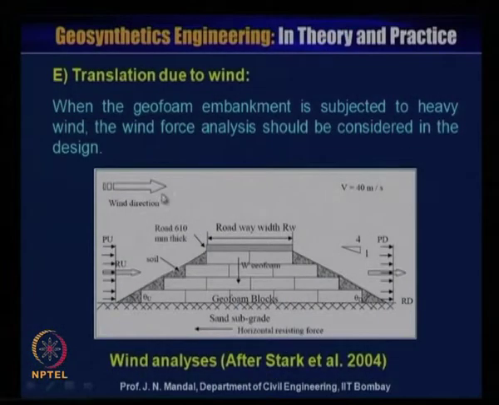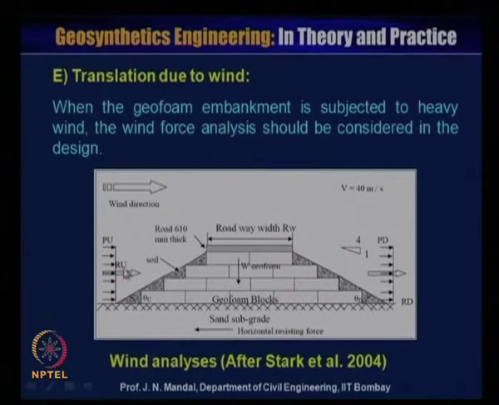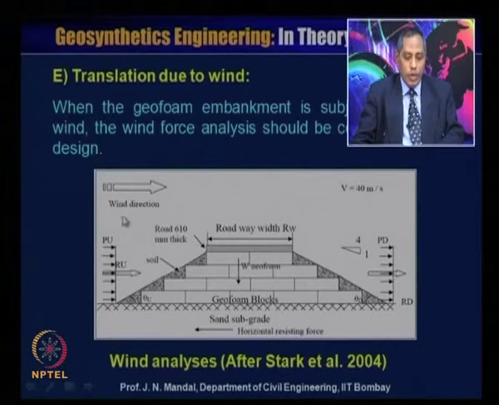So, here this is the wind direction we have considered, and the velocity of wind is about 40 meter per second. This is wind analysis after Stark et al. 2004. This is P of U, the pressure distribution in the upwind direction, and here is P of D, the pressure distribution in the downwind direction.